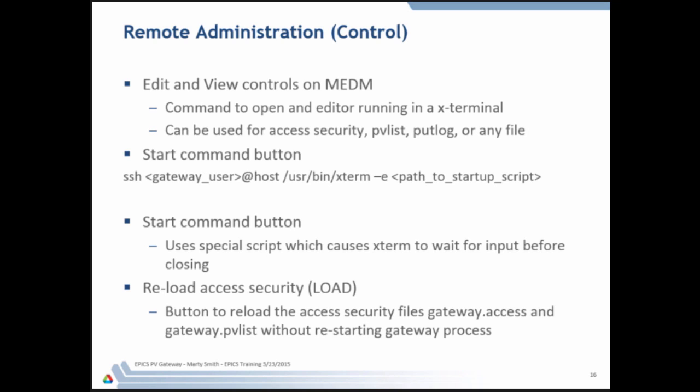Okay, so the start command button actually executes a shell script. The way I have it is I SSH to whatever host, as whatever user is running the PV gateway process on the host that the gateway runs on.